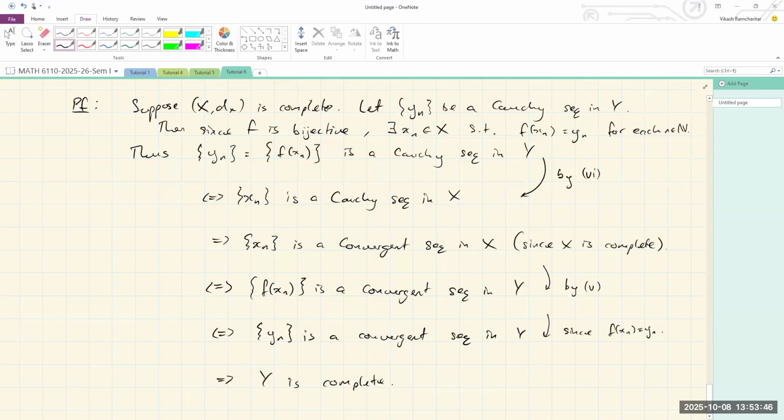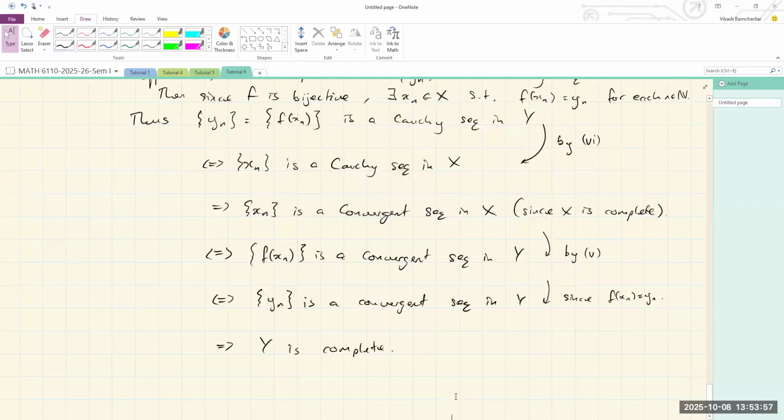Okay, so if X is complete, Y is complete. And if Y is complete, X is complete. You could just apply the same result in a similar way, so I'll leave that part for you.